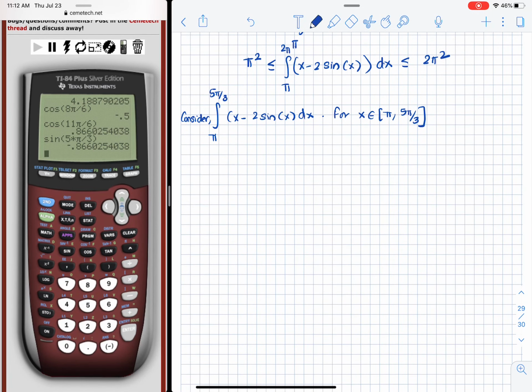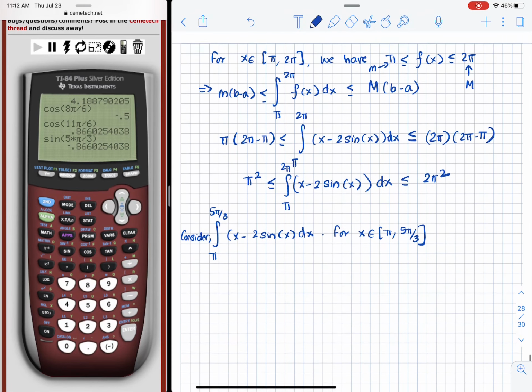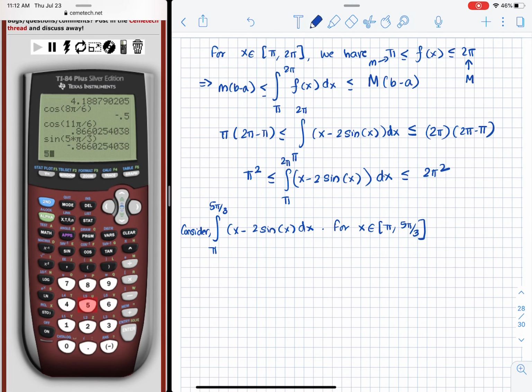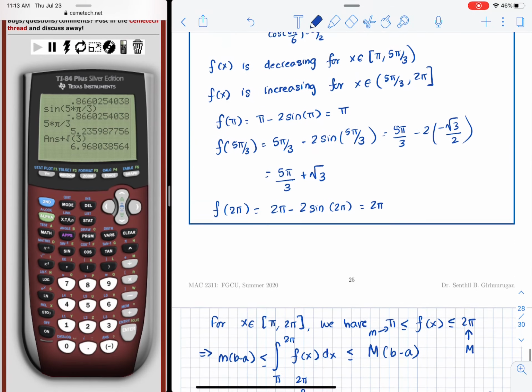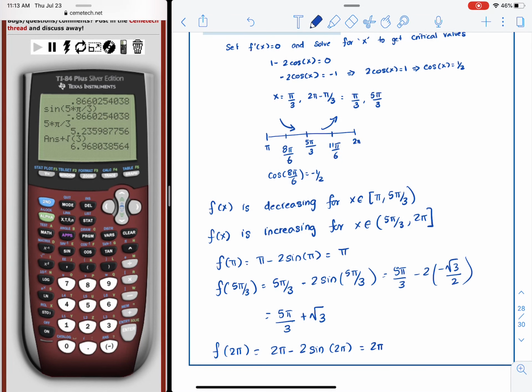The function values decrease from the value pi to 5 pi over 3 plus square root of 3. So 5 times pi divided by 3 plus, you get 6.968. That seems to be increasing. Did I mess something up?